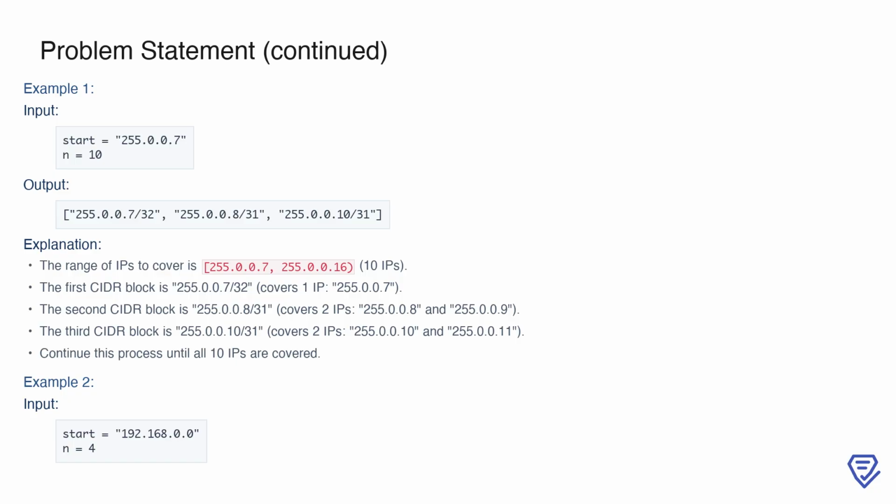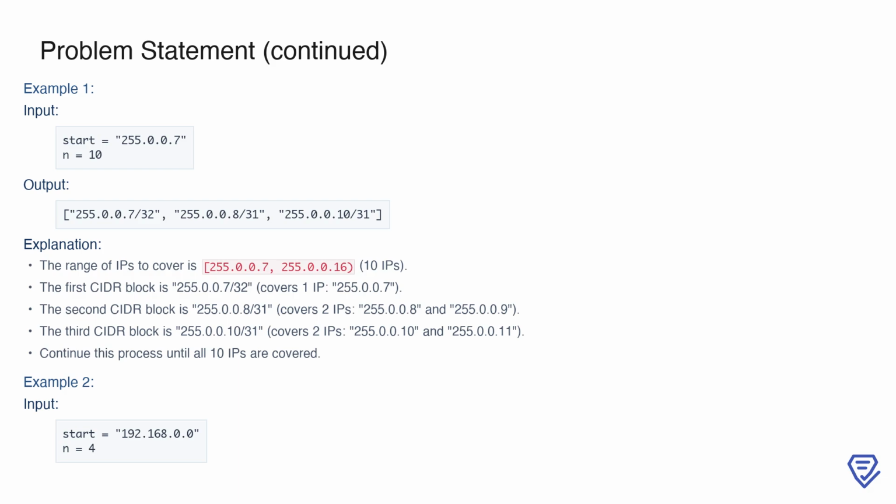If the starting IP is 255.0.0.7 and n is 10, the range to cover is the 10 addresses starting from 255.0.0.7, which means 255.0.0.7 through 255.0.0.16. The first CIDR block, 255.0.0.7/32, covers only the first IP, 255.0.0.7.